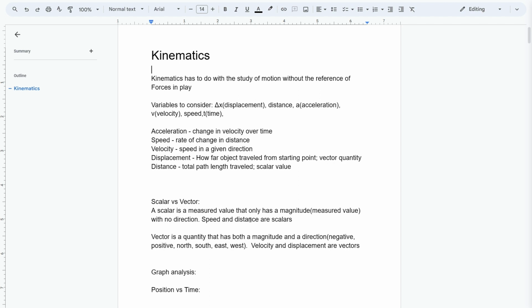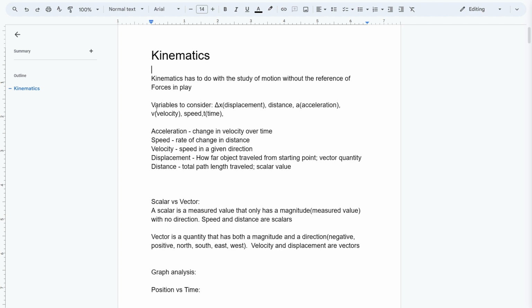So now let's look at some key equations for kinematics. Here's the first equation: displacement equals the initial velocity, the starting velocity at whatever starting time interval you are at, times the time, plus 1/2 times the acceleration times the time squared.